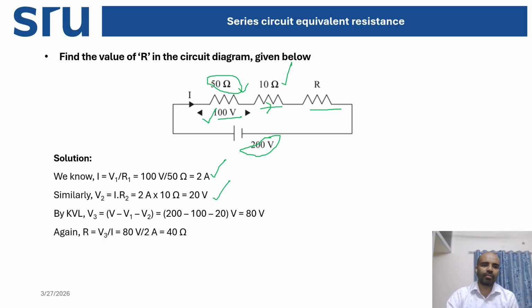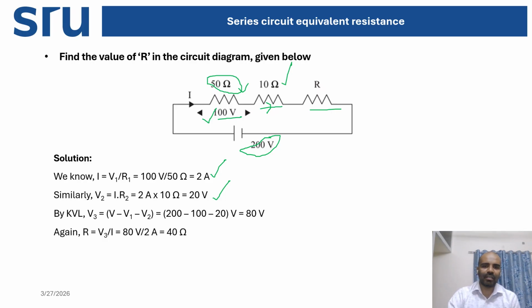You already know that voltage is additive in nature for a series circuit. So the voltage drop here, 100 volt plus 20 volt across the 10 ohm resistor, and here some unknown voltage V3, must be equal to 200 volt.